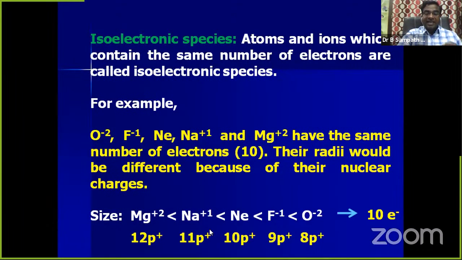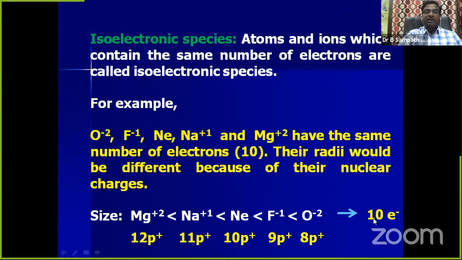So see the attraction between these 12 protons and 10 electrons, and the attraction between these 8 protons and 10 electrons. Where is the attraction more, where is it less? When more positive charges are there, the attraction is more. Here the 12 positive charges attract the 10 electrons more strongly.